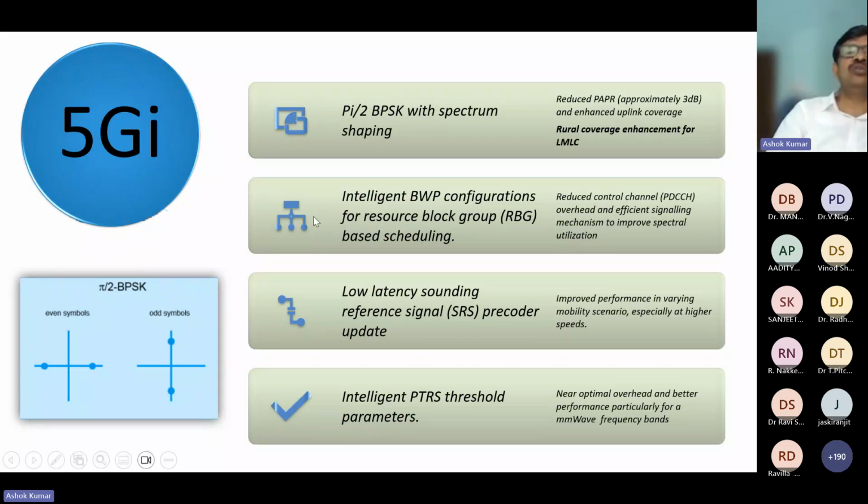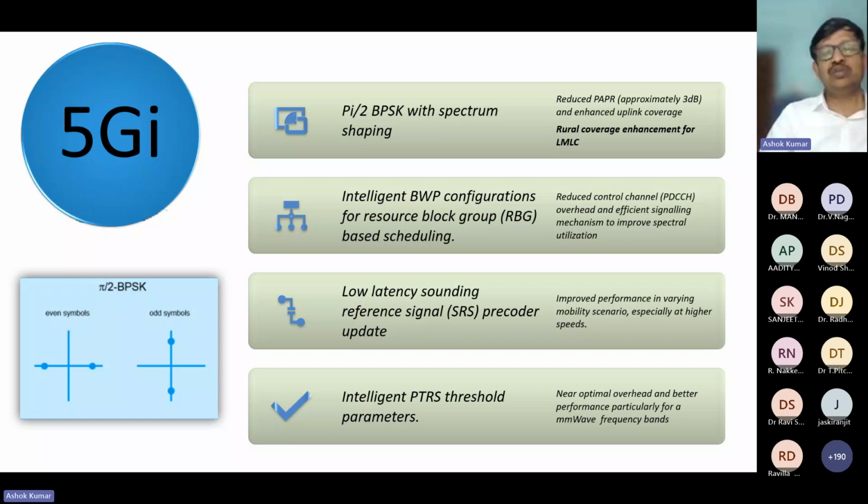There was certain more work along with this: bandwidth part, intelligent BWP configuration, then sounding reference signal had some updates, and PTRS. Mainly, pi by 2 BPSK was made mandatory in the uplink direction.